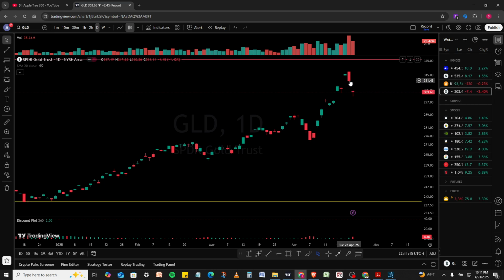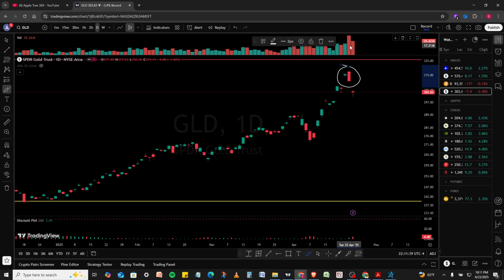So first, let's look at the gold ETF. Some interesting price action has been happening for the last 2 days. As you see on 22nd April on the chart here, we see a bearish engulfing on GLD, and this is not good. It has also happened on high volume, as you can see on this bar here.